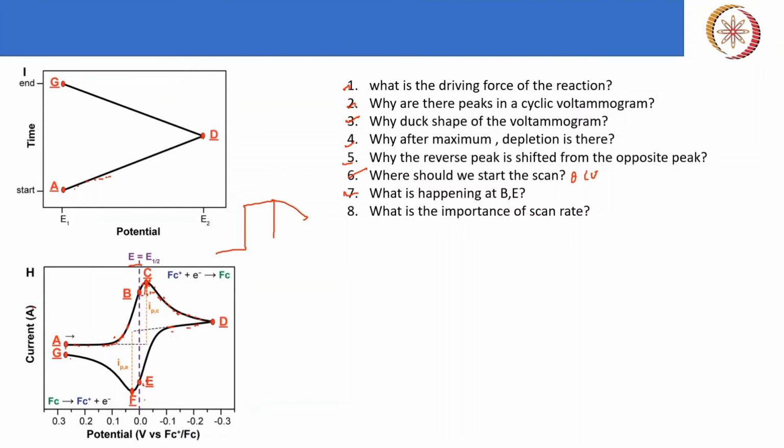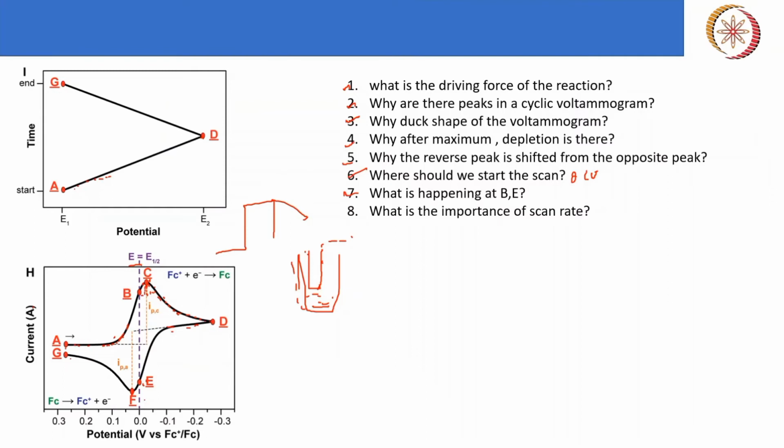The first question is what is the driving force of the reaction. As I have discussed earlier, you have the electrode dipping in your electrolyte solution, connected with the potentiostat. The function of the potentiostat is to modulate the potential or energy of your working electrode.